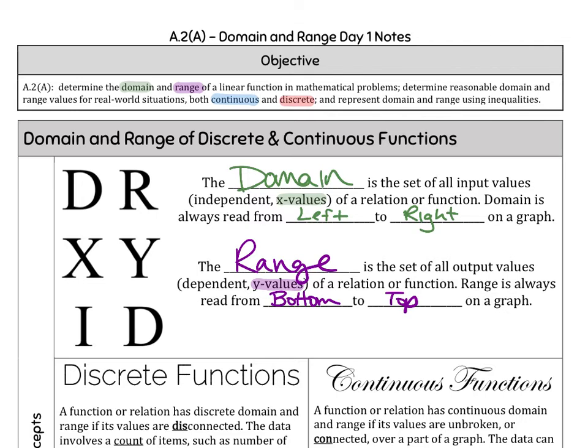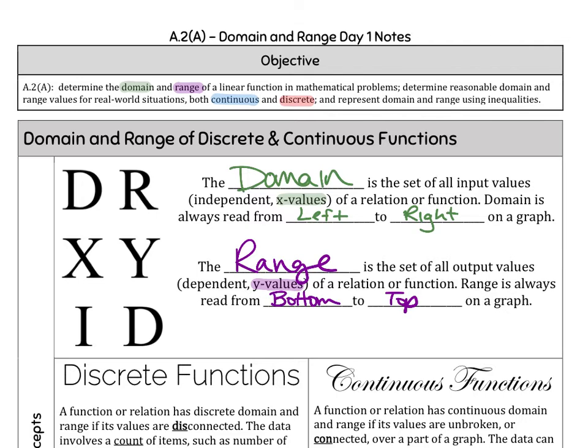Now, keeping all this vocabulary in our brains is a little bit difficult because it's so many new words. So we have this mnemonic device here for you that might help. It's called Dr. XY, where's her ID? So you see doctor, right? And then XY, that's her name. And doctors have to wear their ID badge.